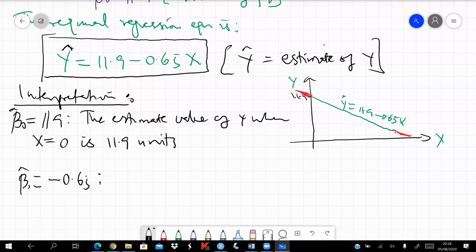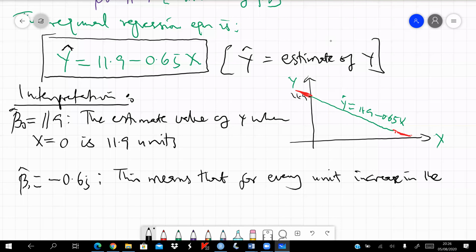So this means that for every unit increase in the value of x, where a unit increase means plus 1, what happens to the y?